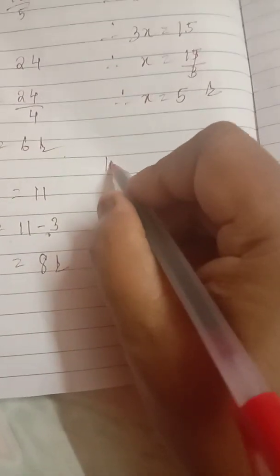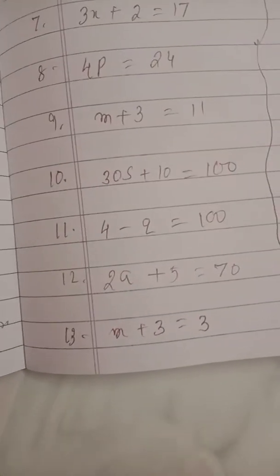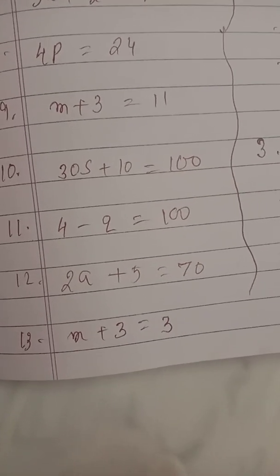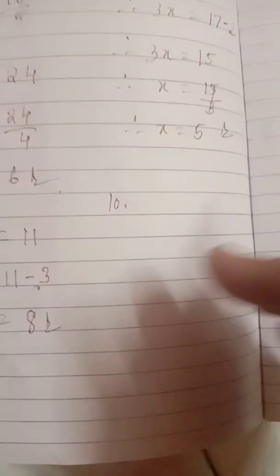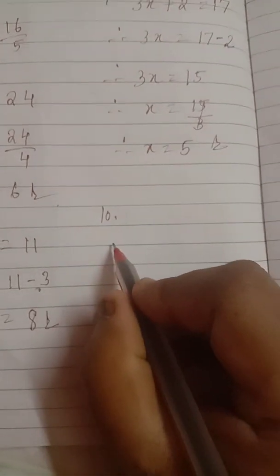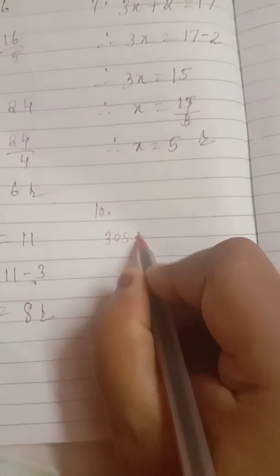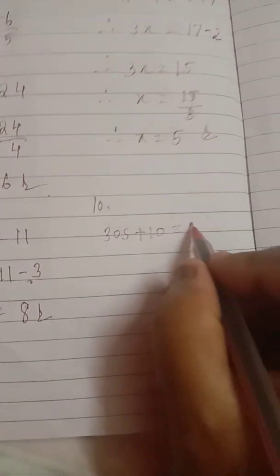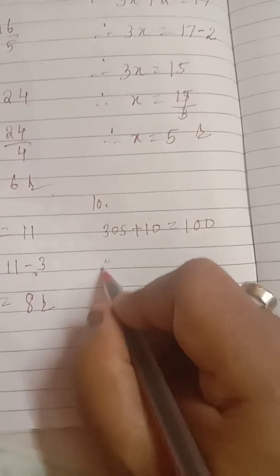Question number 10. 30s plus 10 equal to 100.